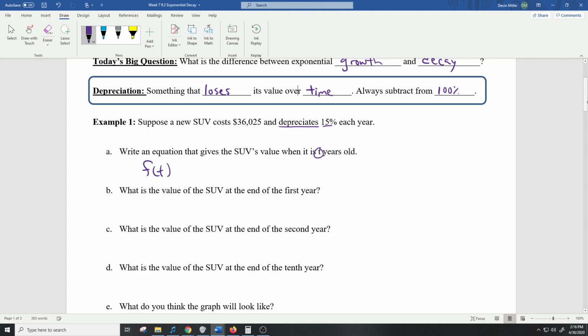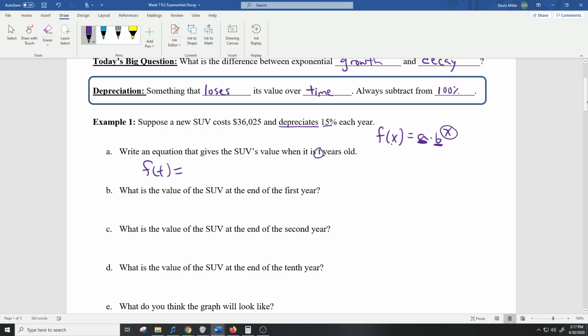I don't know if you remember this, but the formula for exponential functions was f of x equals a times b to the x. A was the starting value, b is your growth factor, and your variable is always in the exponent. We're just going to use t for the x instead of using x.